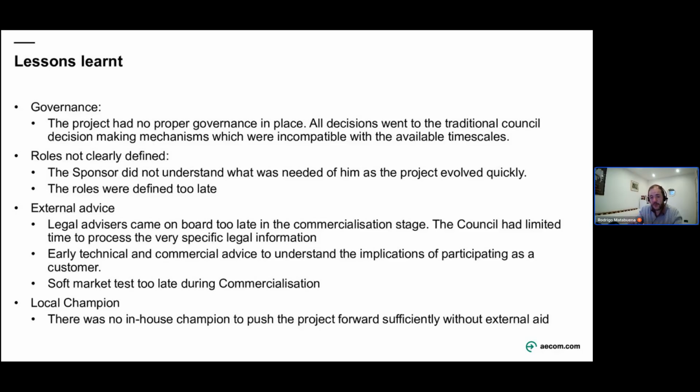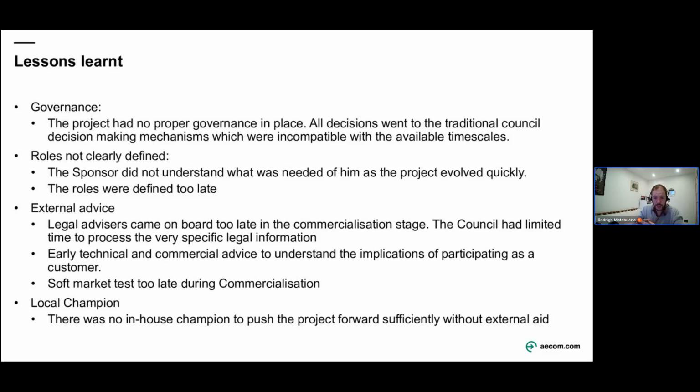Most of the decisions around the heat network were channeled into the existing decision-making mechanisms of the council, which are not fit for purpose in the dynamic context of the development of a network. So that led to longer times, lots of waiting times, and a lot of expense in trying to get decisions when they were really needed.